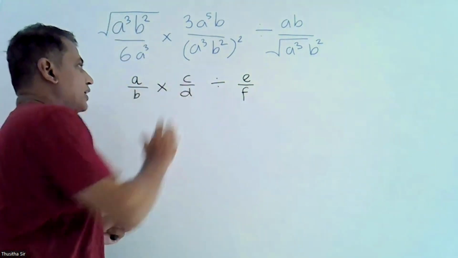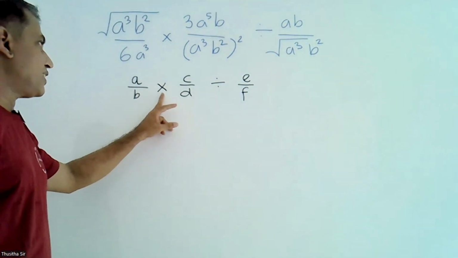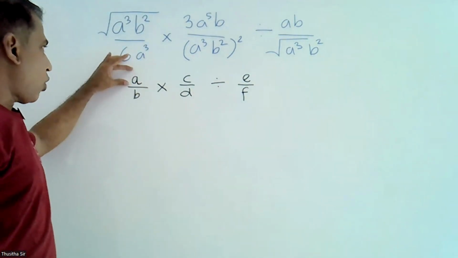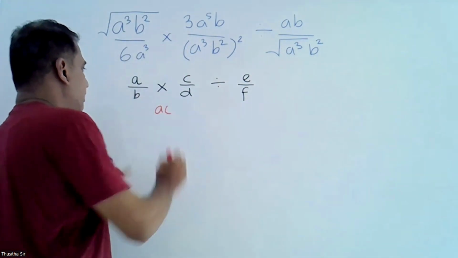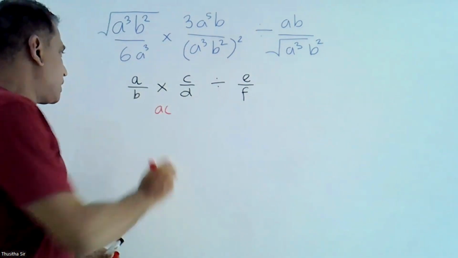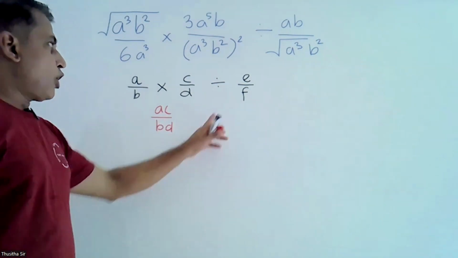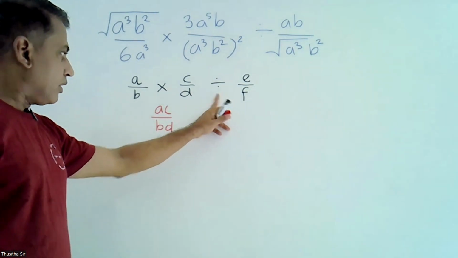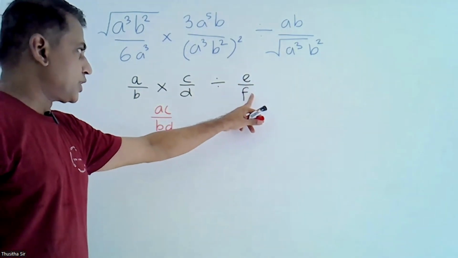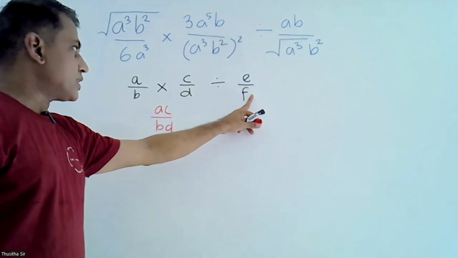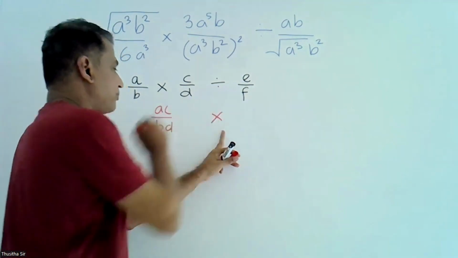This kind of expression, the method is, if you have to multiply algebraic fractions, the top part you just multiply a times c, and the bottom part you multiply b times d. Now if I want to divide by this expression, the method is I have to change this division into multiplication.